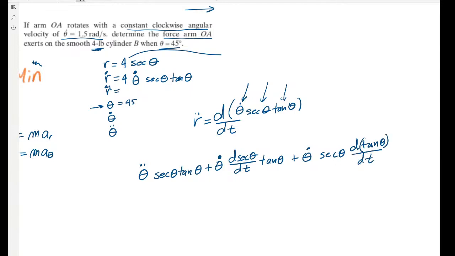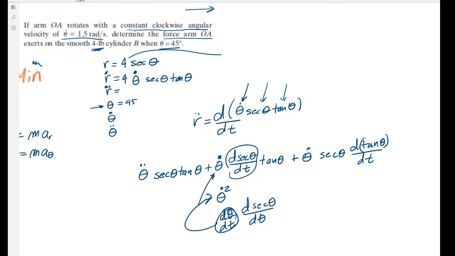Now, what happens is we already took this derivative, so that term's going to be theta dot squared. Why? Because we've got secant theta with respect to theta and d theta dt. This becomes theta dot and adds one more to that term.